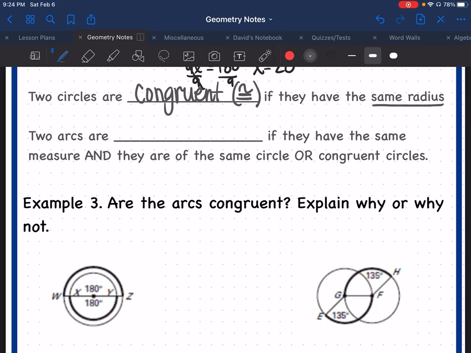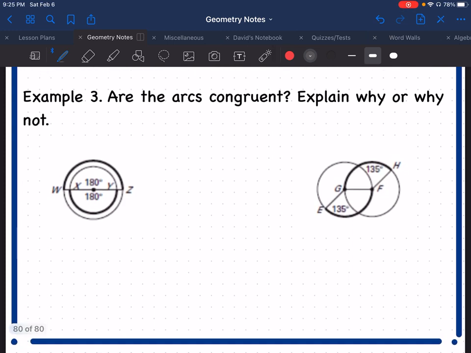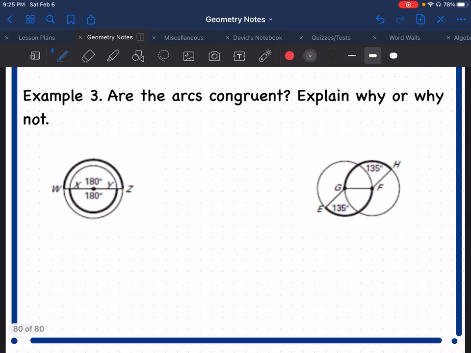Two arcs are considered to be congruent, and there's my symbol for congruent, if they have the same measure and they are of the same circle or circles that I already know are congruent.